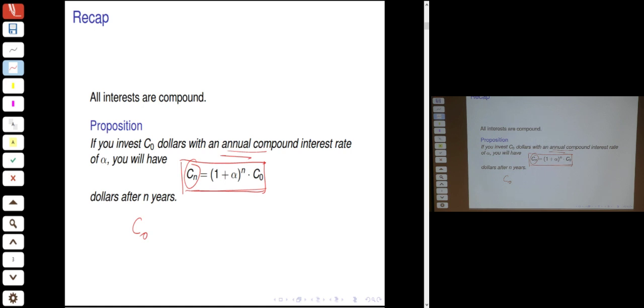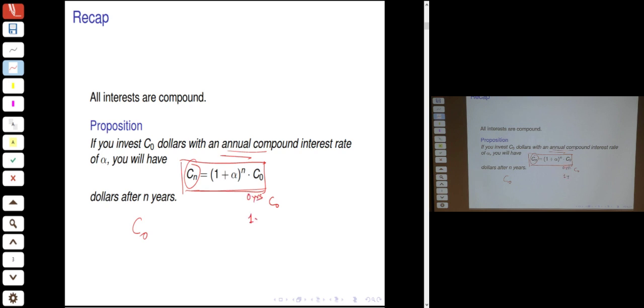And let's quickly refamiliarize ourselves with how this comes about, which is also the central core idea of dealing with compound interests, which is as follows. If you start with C0, at the beginning, so 0 years.